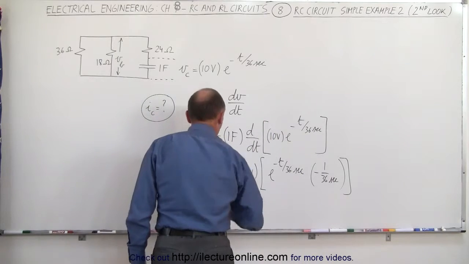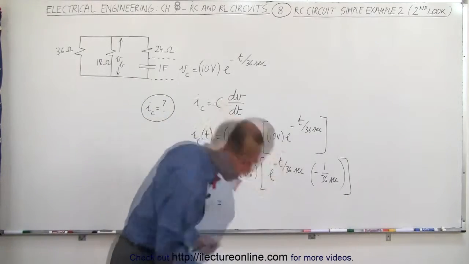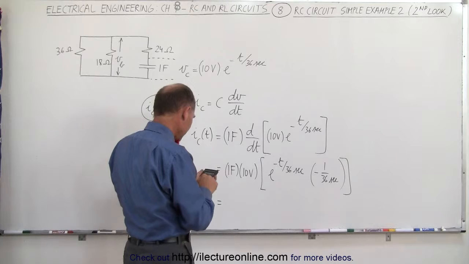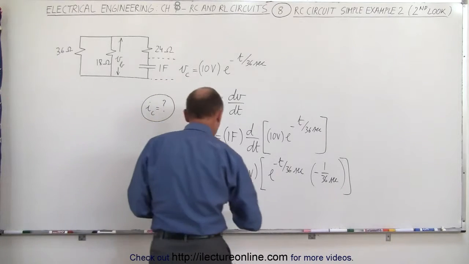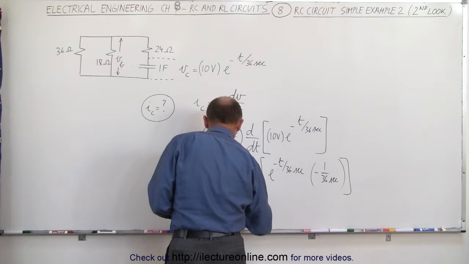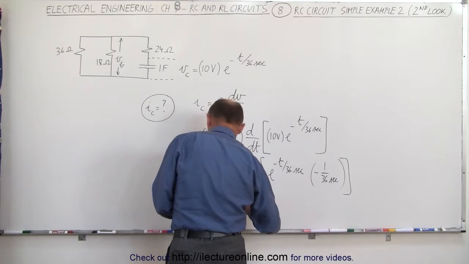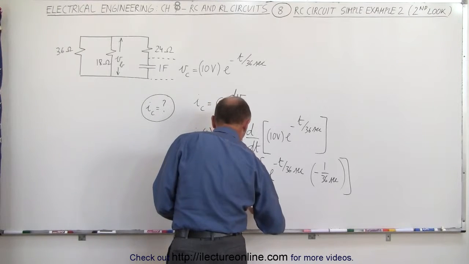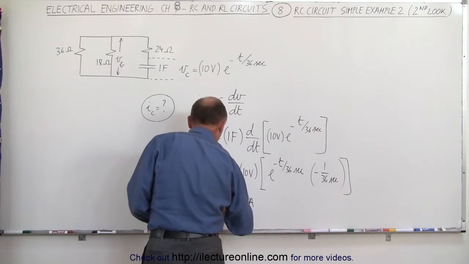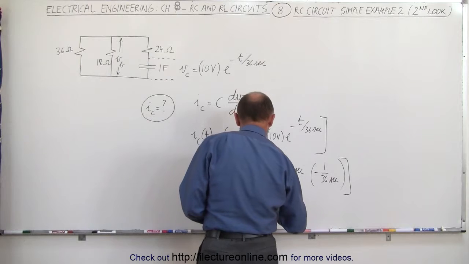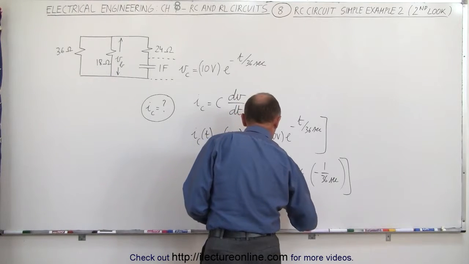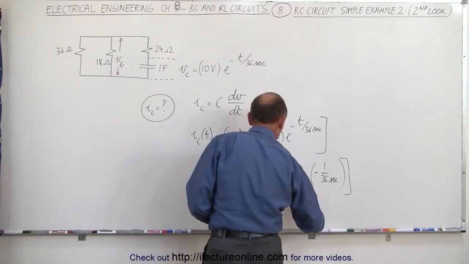So that means this is equal to, on the calculator, 10 divided by 36, which would be the same answer as we got before, 0.28 amps. Of course, we do have that negative sign there, so we'll put the negative sign in front, times e to the minus t over 36 seconds.